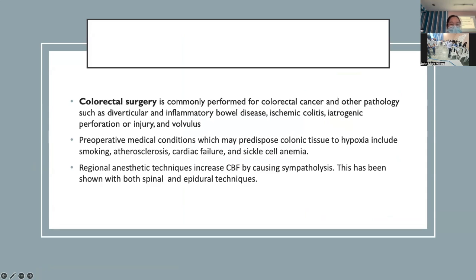Preoperative medical conditions may predispose to colonic tissue hypoxia due to smoking, atherosclerosis, cardiac failure, and sickle cell anemia. During the perioperative period, colonic blood flow is affected by blood gas composition, volume status, intra-abdominal pressure, and intraluminal pressure.